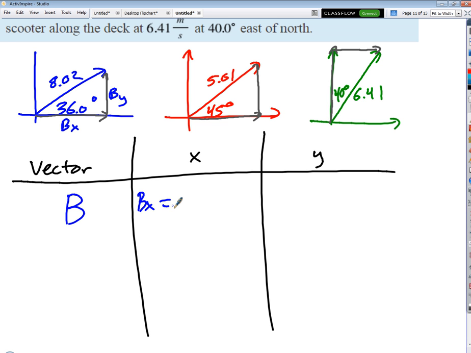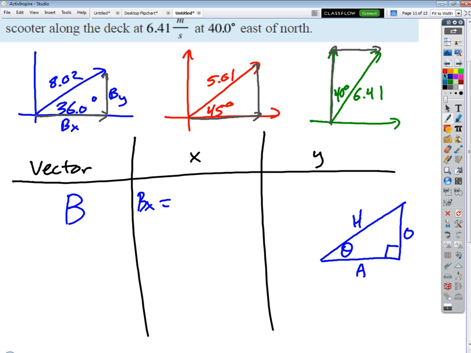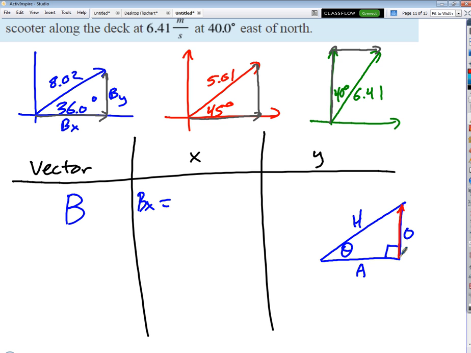B sub x. If we draw a SOHCAHTOA triangle, there's the right angle and there's theta. We already said this is the opposite leg, adjacent leg, and hypotenuse. Let's say this one over here is the one we're trying to find, hypothetically, and we'll call it x.